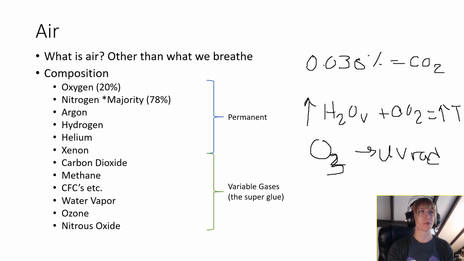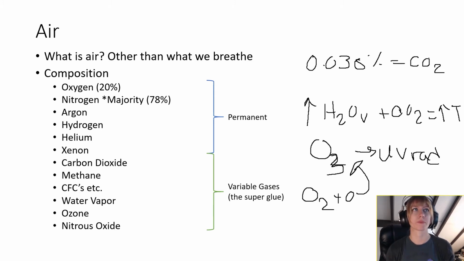Anyway, ozone. So O3, or ozone, is primarily found in the stratosphere. It forms naturally as oxygen atoms combine with oxygen molecules. So you'll have an O2 mixed with an O, and it gives you O3, which is ozone.